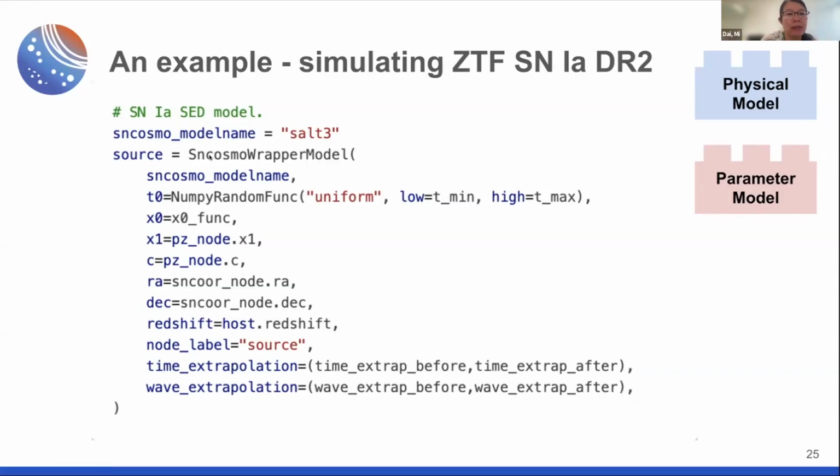So as you can see from this definition, we have used a combination of different ways to specify the distributions, like a NumPy random function, a user-defined function, and using some PZFlow model and the redshift from the host galaxies. So all these combinations make it very easy to define things within this one block.